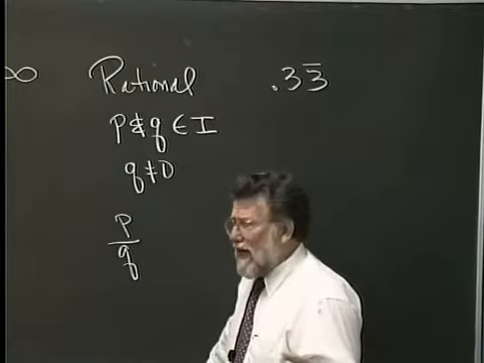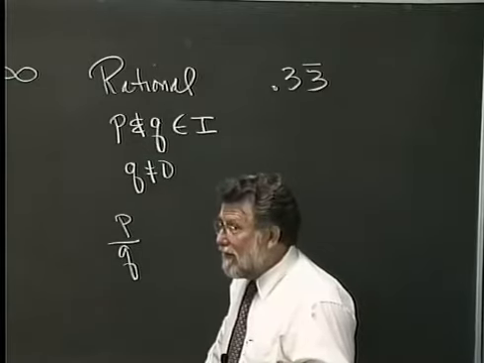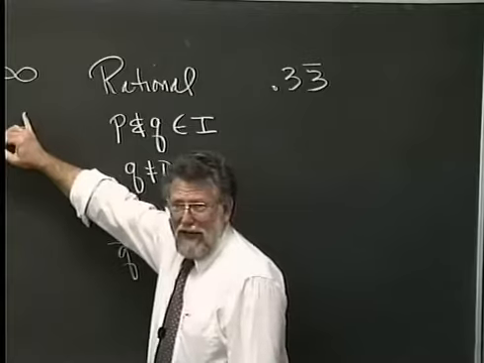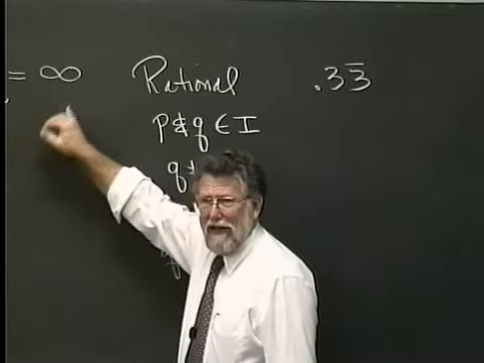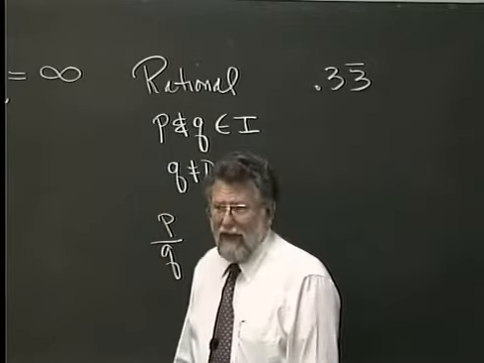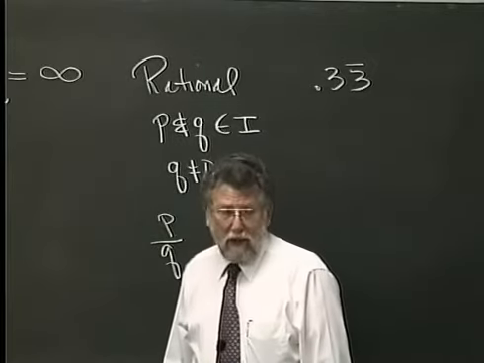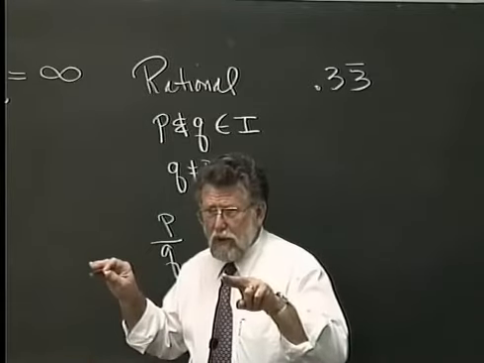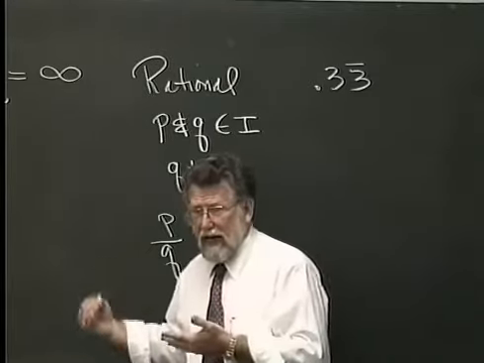How many rationals do we have? An infinite number. There's no end to them. And how many irrationals do we have? It turns out infinitely many also. So two different sets, rationals and irrationals.